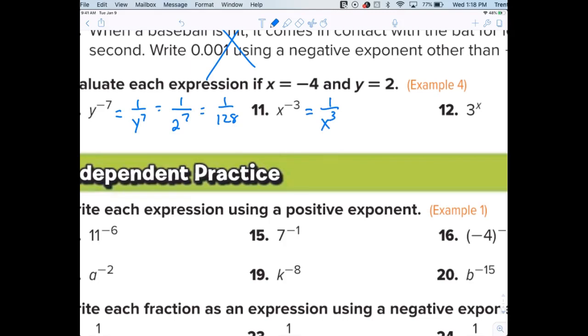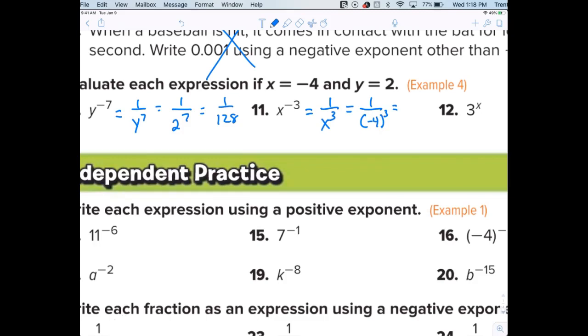That's what I wanted you to say. 1 over x to the 3rd. Now what is x? X is negative 4. Okay, so now it's going to be 1 over negative 4 cubed, or to the 3rd power.